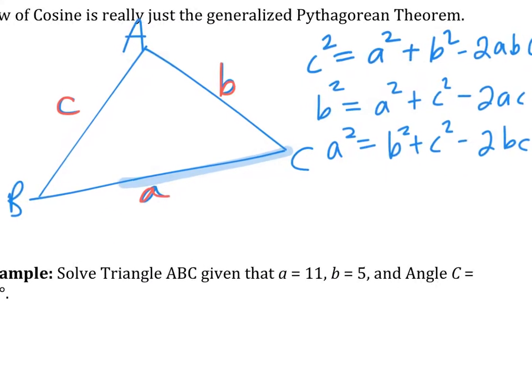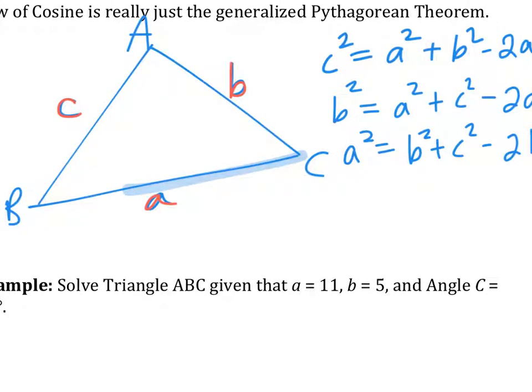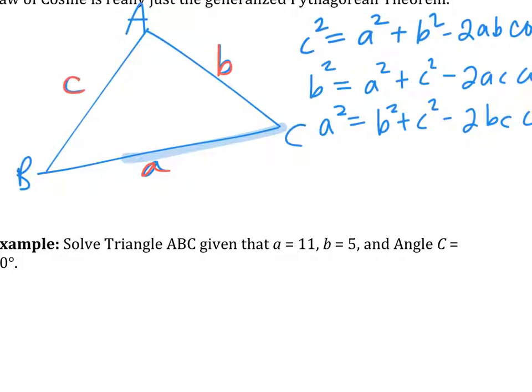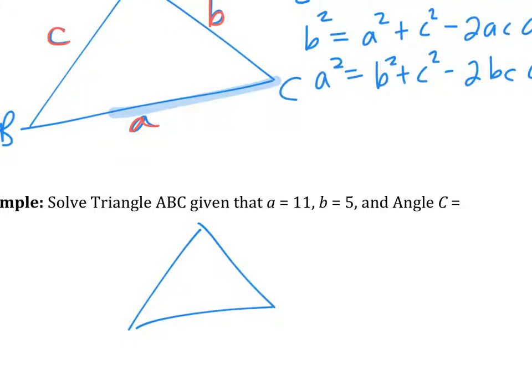Okay, so now let's go ahead and solve this. Next one. Solve triangle ABC given that side A is 11, side B is 5, and angle C is 20 degrees. So let's go ahead and draw a picture. A, B, C. Side A is 11, B is 5, angle C is 20.